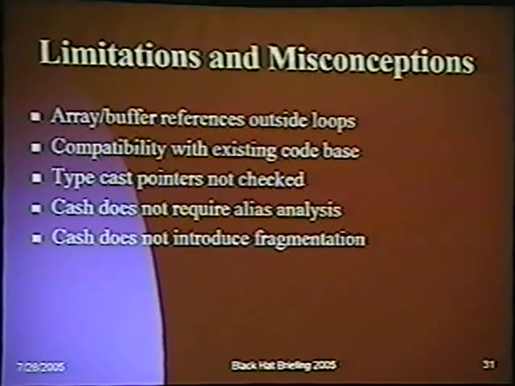And the other thing is that CASH doesn't require so-called alias analysis, right? We don't really need to do pointer analysis to figure this out. For those of you who don't know, alias analysis basically means that in a program, a single object can have multiple names. That's the notion of alias, multiple names, right? And you have to determine whether these multiple names actually refer to the same object or not.